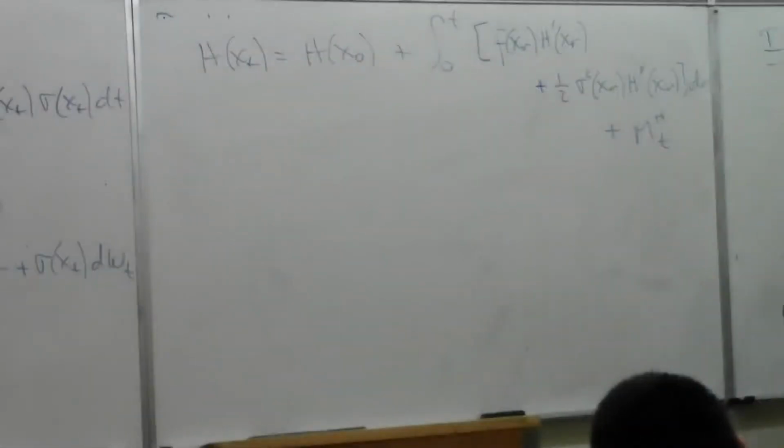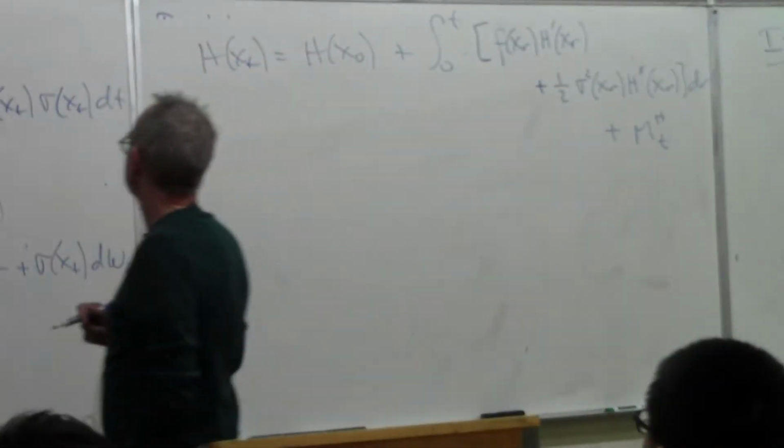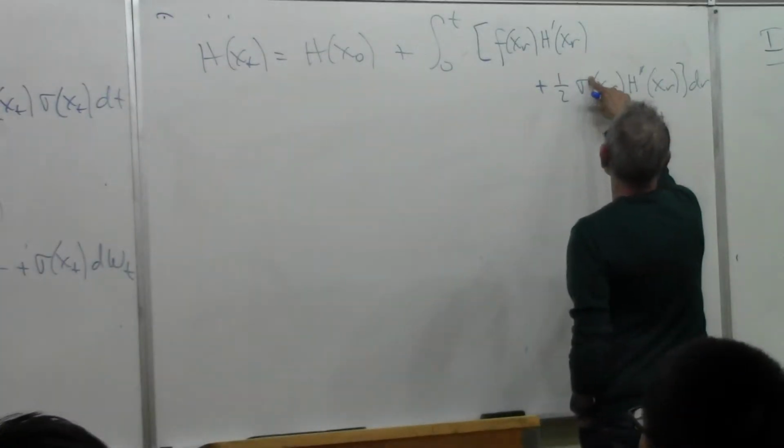Plus a martingale. So that should be a sigma squared, right? Probably. No. Did I put? Oh no. There's no sigma squared there.